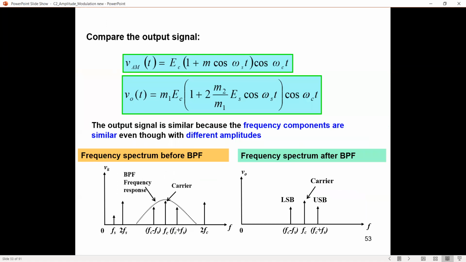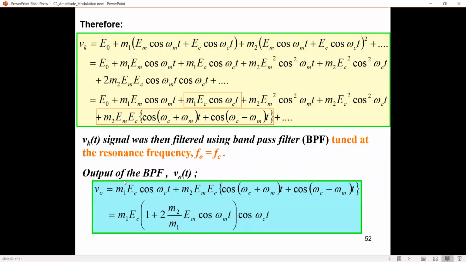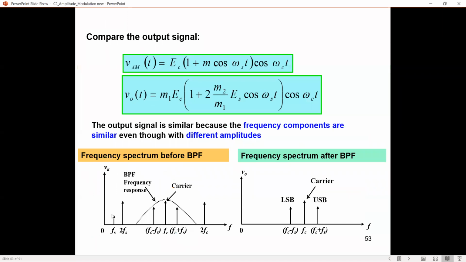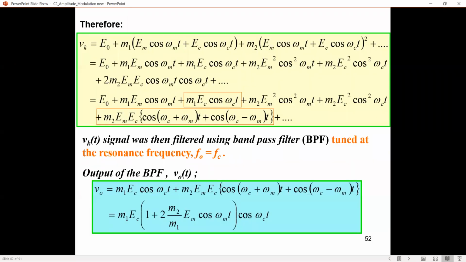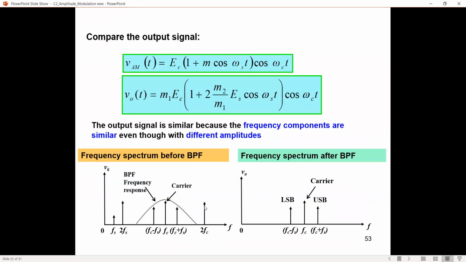At the output of our VK, these are the mathematical equations, and this is the spectrum. At the spectrum, these are all the outputs from VK. We have at f equal to 0 amplitude E0, and at FM amplitude M1 EM, and so on.